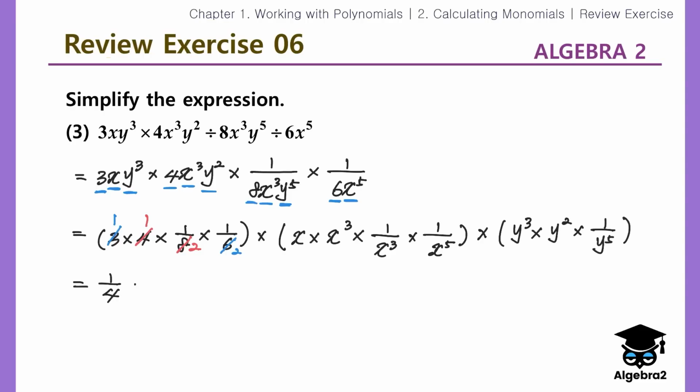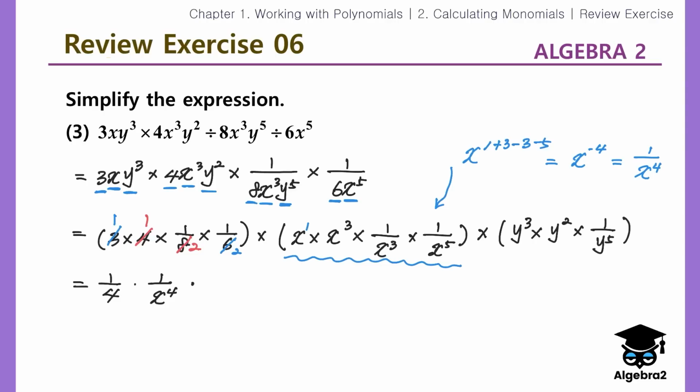times x. Okay, x terms right here. So that's going to be x power 1 plus 3 minus 3 minus 5. So that's going to be x to the negative 4. Then that is equal to 1 over x to the 4, right? So times 1 over x to the 4 times y.